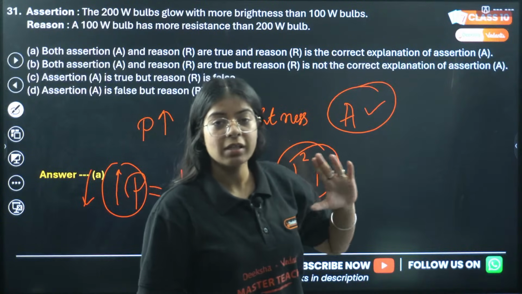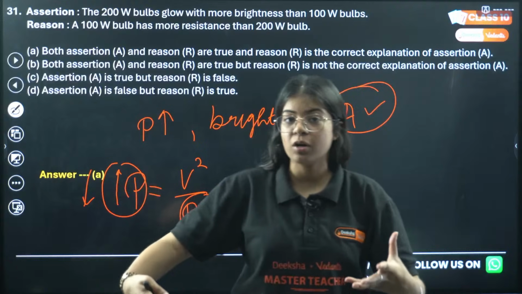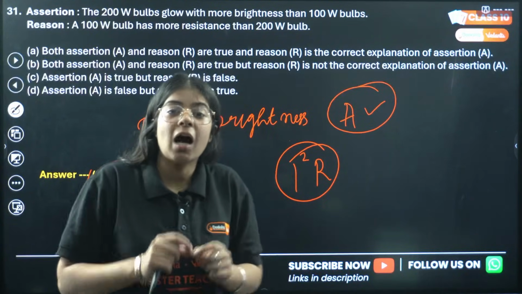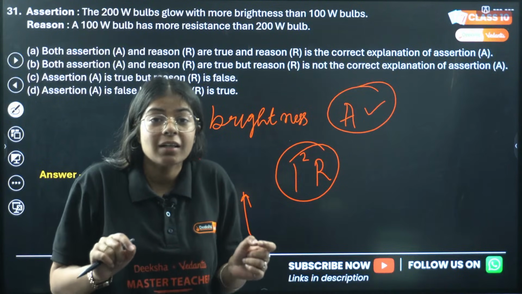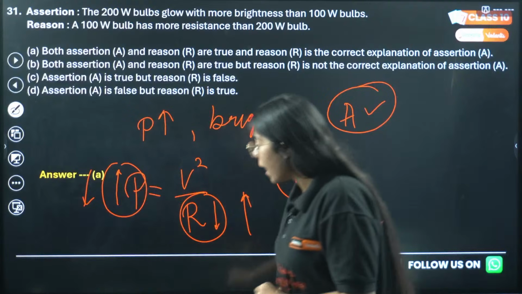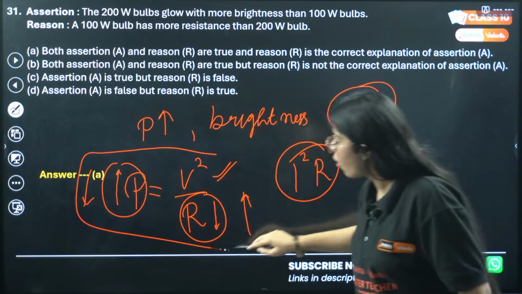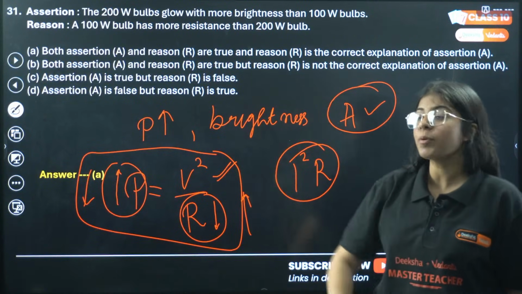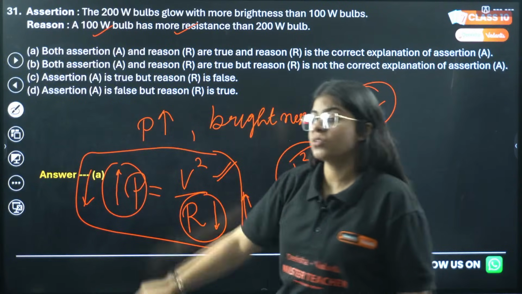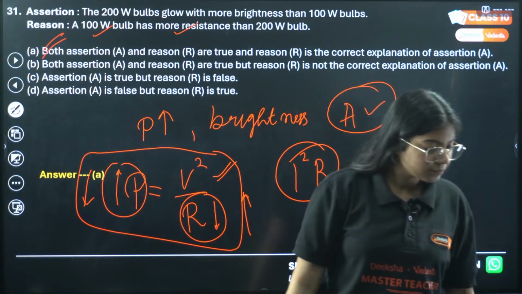In these questions, where it is not mentioned whether the bulbs are connected in series or parallel, you know that in our houses all the bulbs are connected in parallel, and in parallel voltage remains the same. That's why we use this formula. So power is inversely proportional to resistance. That's why less power has more resistance, correct? So A is actually the correct answer.